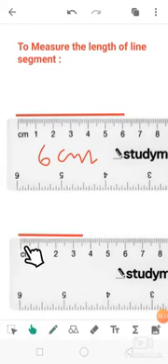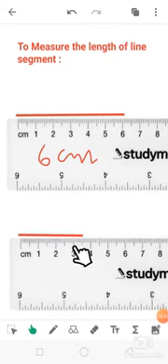In the next one you see, again the line starts from 0 but it does not end with exact 3. You can see it is going a little ahead of 3. So what we have to do? First you have to see the 3 number.